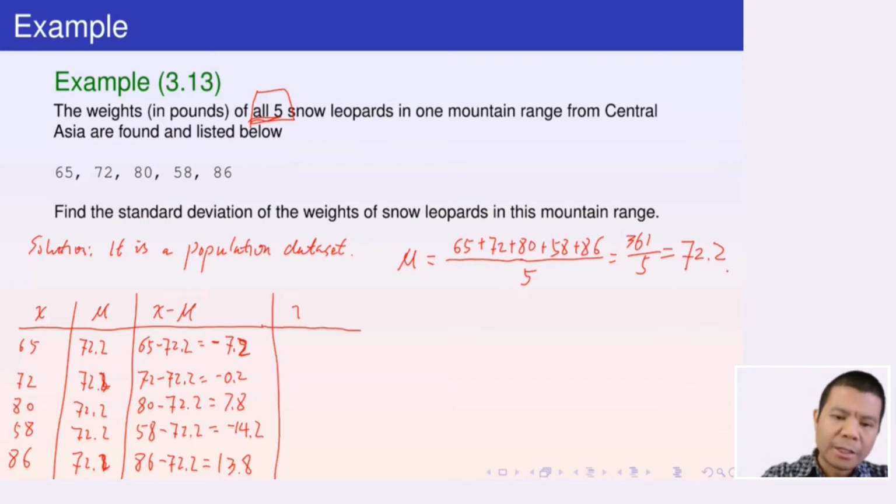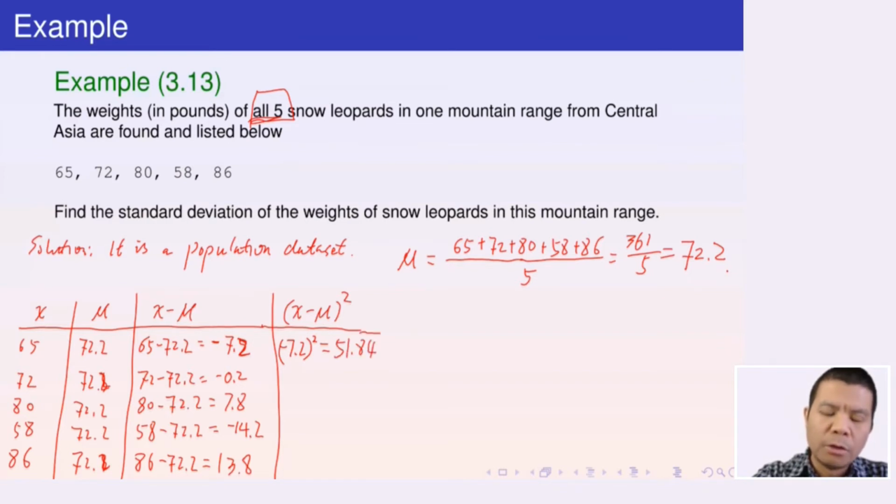Now, the last column is going to be the square of the deviations. The first one is negative 7.2 squared, which is 51.84.